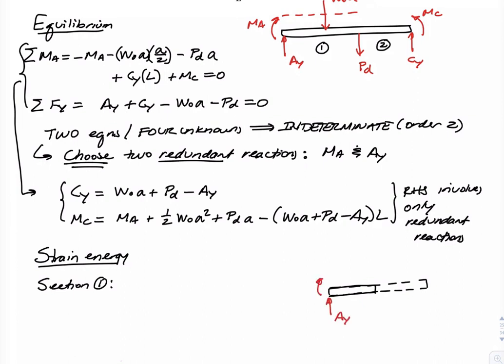We've got MA. We have the shear force V1. We have the bending moment M1. And then we have the applied force resultant W naught X, where X is the position of our cut. I'm going to call that point there D. I think that's all we've got here.